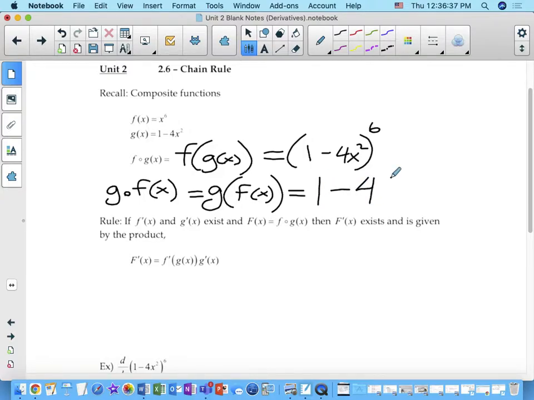Instead of the x, I'm going to replace that with a set of brackets. And inside the set of brackets, I've got to put the function f of x, which is x to the 6. Okay, so these are composite functions. You would have looked at them in 30-1, but it may have been a little while, so that's just a little refresher.